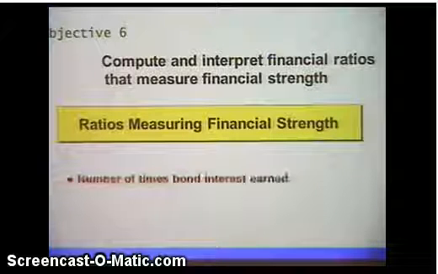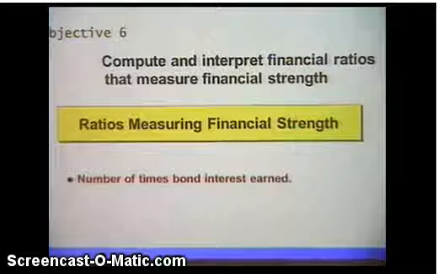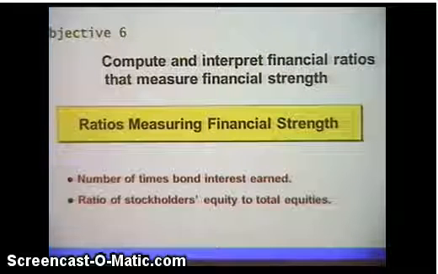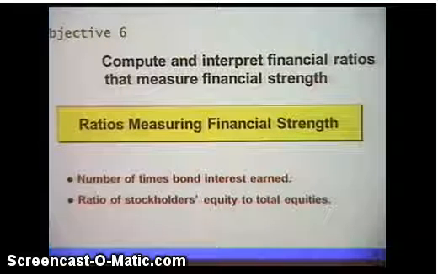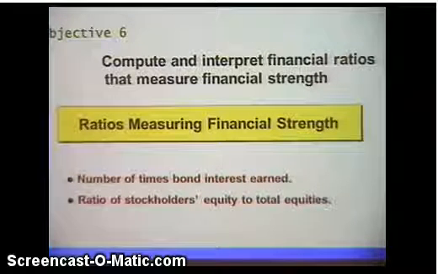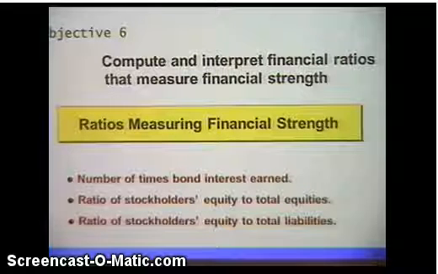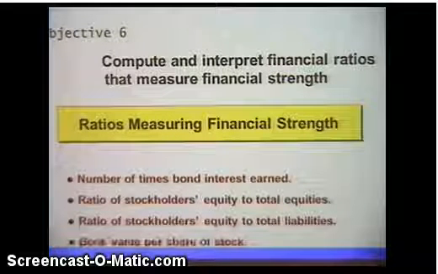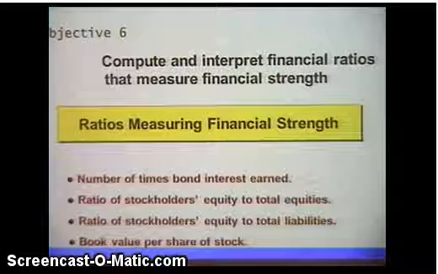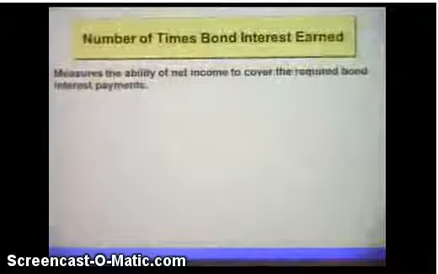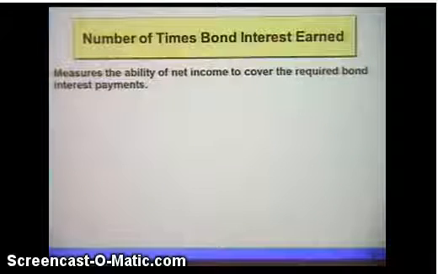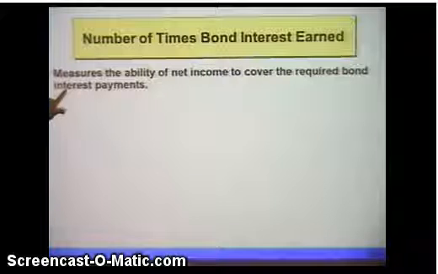Okay. Measuring financial strength. The number of times bond interest is earned. That shows you the strength of the company. The ratio of stockholders' equity to total equities, the ratio of equity to total liabilities, and looking at your book value per share of your stock. Let's look at it. It measures the ability of net income to cover the required bond interest payments.